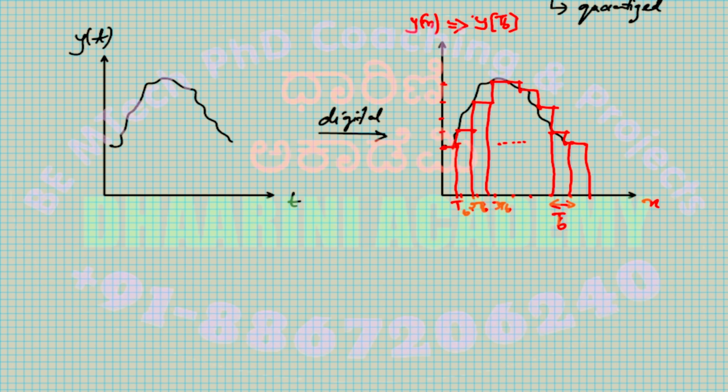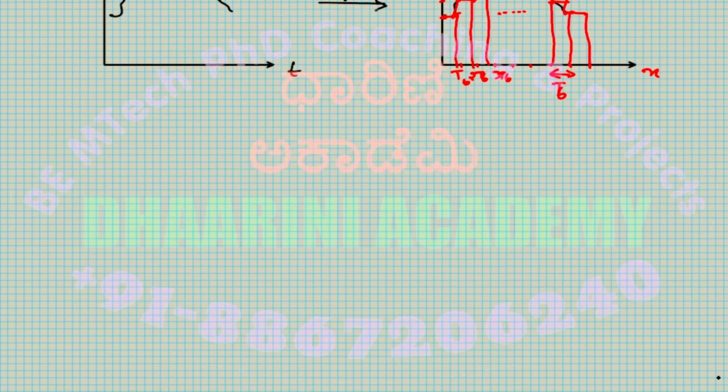Whenever you have a signal, definitely the signal's properties are not clearly visible in the time domain, but as soon as you move into the frequency domain, you get to see more properties. So what is the tool that takes you from time domain to frequency domain? It's the Fourier representation.